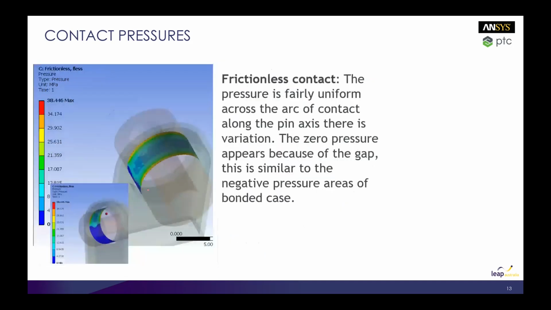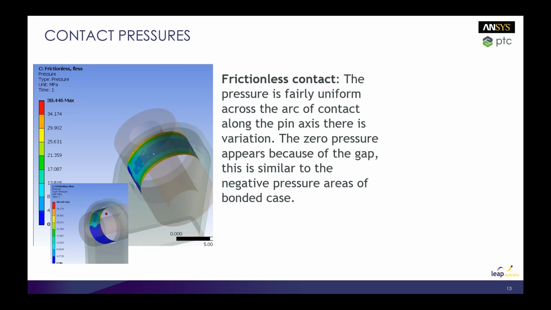With a frictionless contact, you can see there's no negative in the scale. Where you have zero pressure, the parts separate, and where the pressures are positive, that's where the pin is being pressed into the hole. So it's capturing that behaviour.